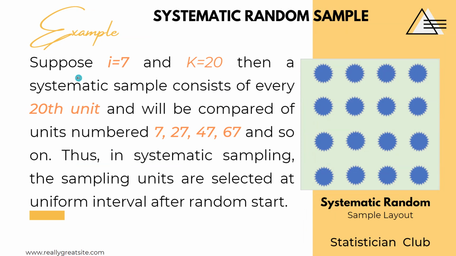Here is another example. Suppose i is 7 and k is 20, so our sampling interval is 20, and our selection will be 7, 27, 47, 67 and so on.